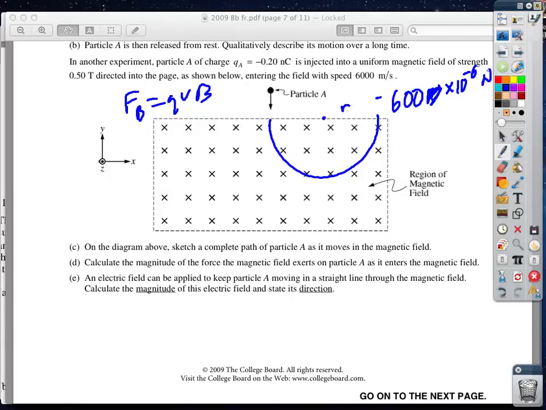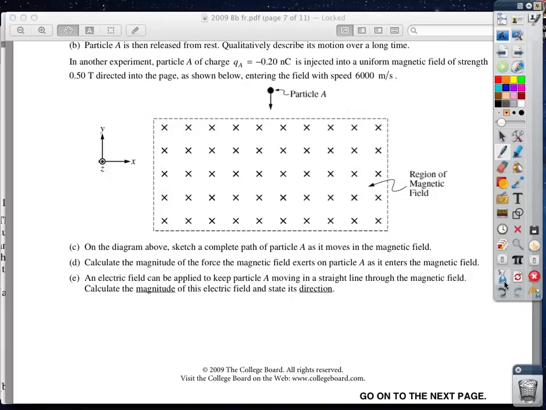Okay, then an electric field can be applied to keep particle A moving in a straight line through that magnetic field. Calculate the magnitude and state its direction. All right, so we just said that as soon as this thing enters, there's going to be a magnetic force pushing this way at negative 600 micronewtons.